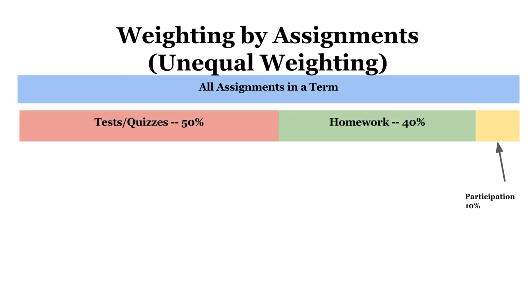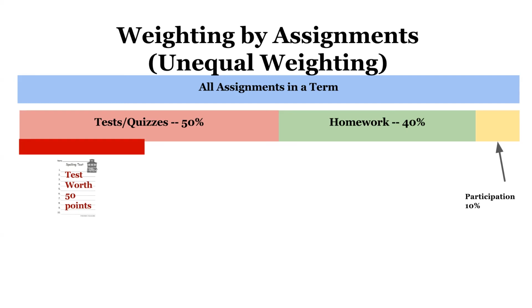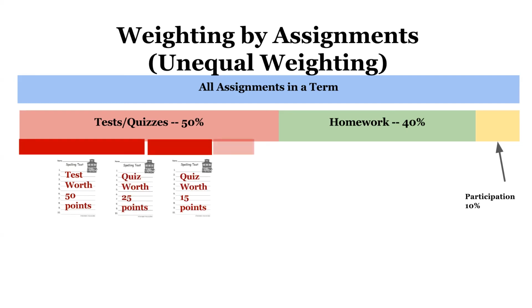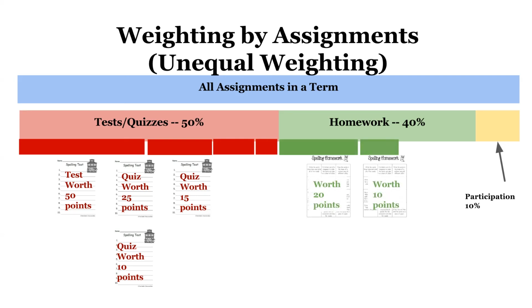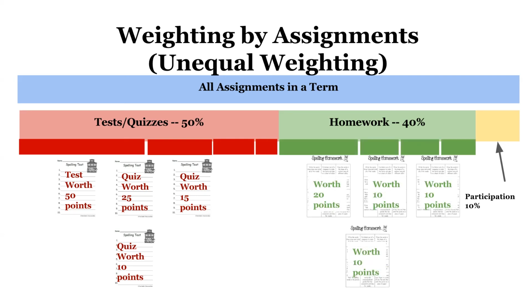In this case, assuming the same category weights, you may have one test worth 50 points, another worth 25 points, another worth 15, and another worth 10. They're all within the test and quizzes category, but they each have unequal weighting toward the category grade. Likewise for homework, several assignments, each worth a different percent toward the homework grade.